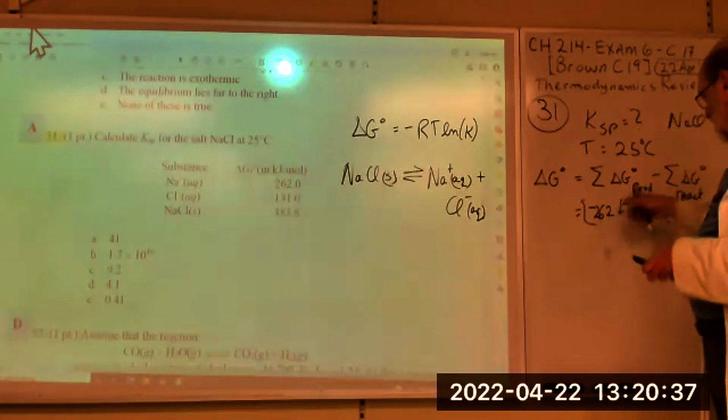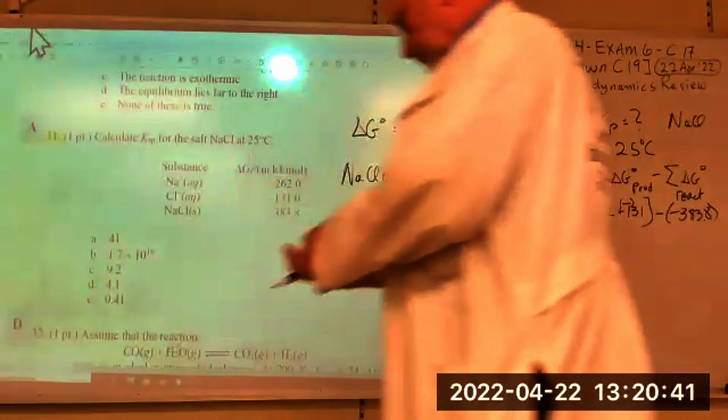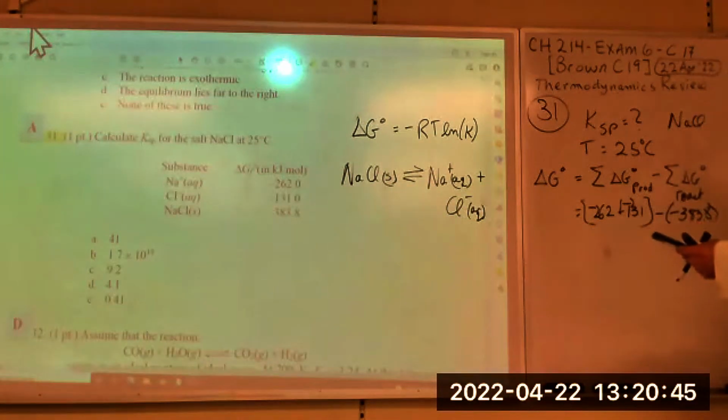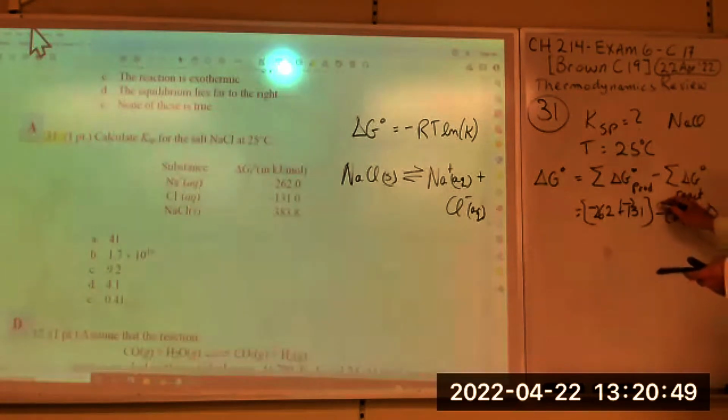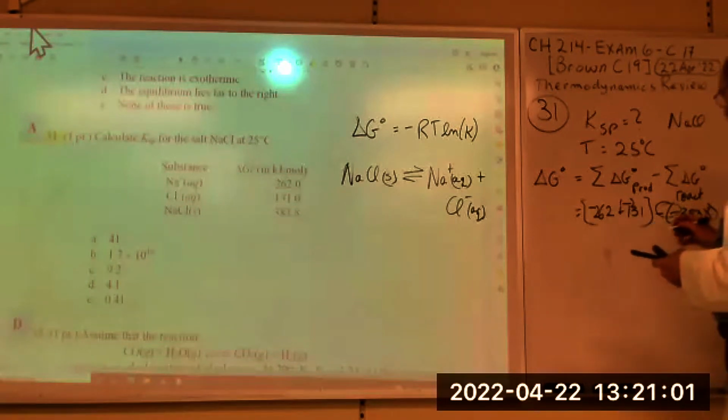So this one's going to be a minus value and the other one's going to be a positive value. So let's put this one in first, 383.8. It's a positive value, right, because of that. And then 262 and 131 subtracted. And I get minus 92.